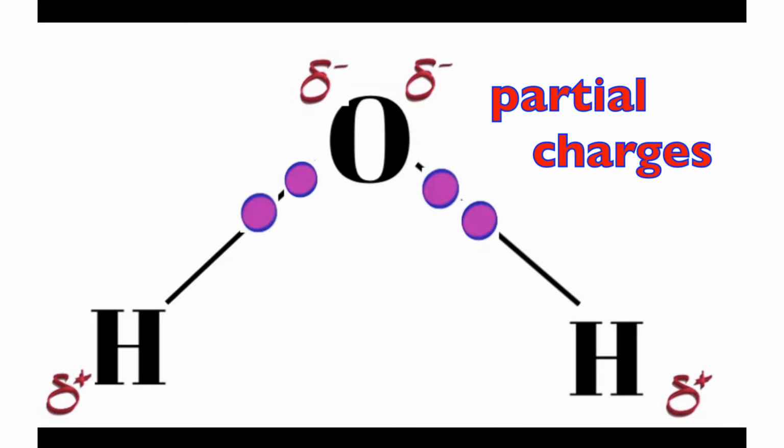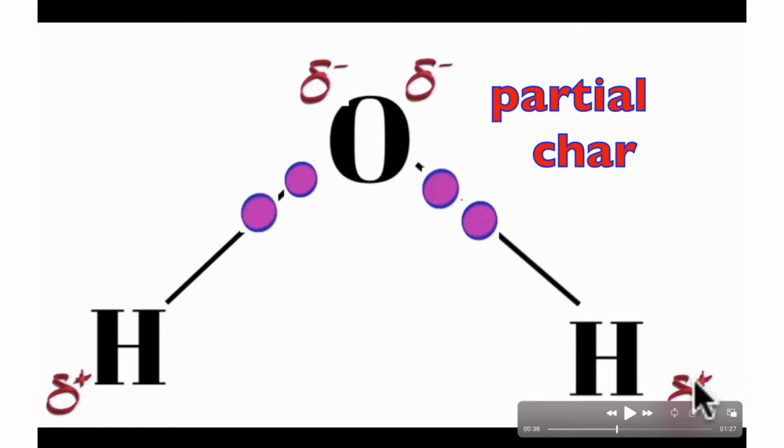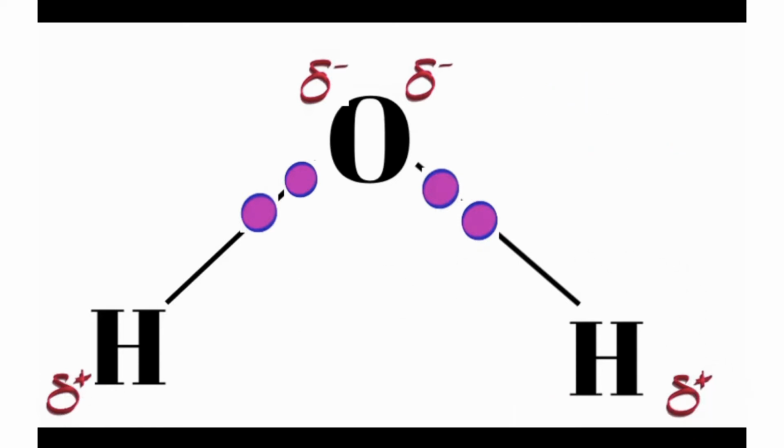The electrons, of course, have a negative charge. As a result of those electrons being pulled further away from the hydrogen atoms, they have a partial positive charge on each of them right here. So there are 2 partial positive charges in the water molecule and 2 partial negative charges in the water molecule.